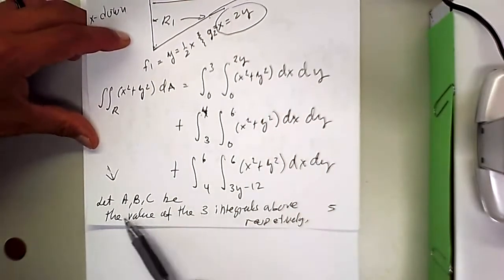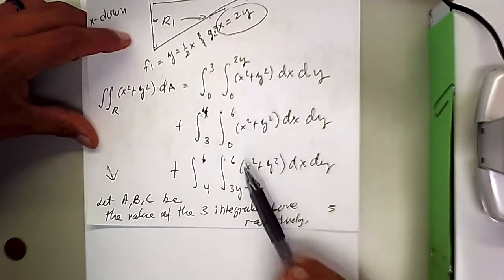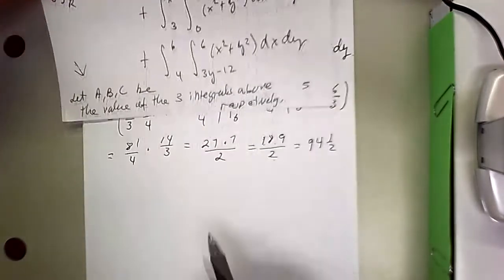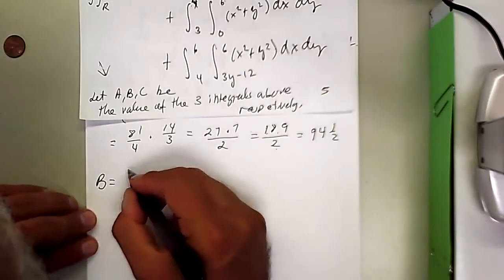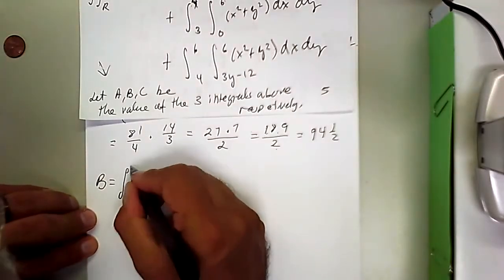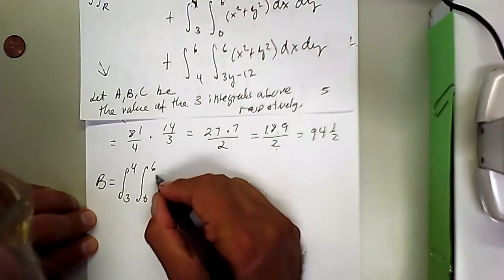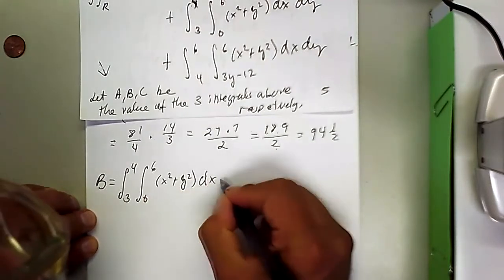And we made it formal by writing a statement: let A, B, C be the value of the 3 integrals above, those 3 immediately above, respectively. Okay, so B is the integral from 3 to 4 of the integral from 0 to 6 of x squared plus y squared dx dy.